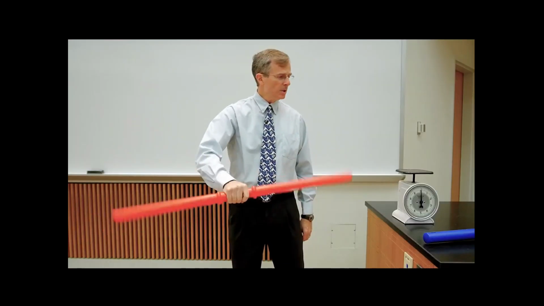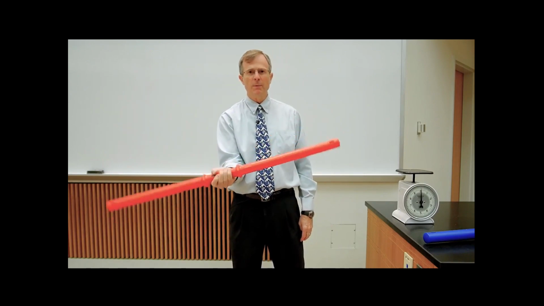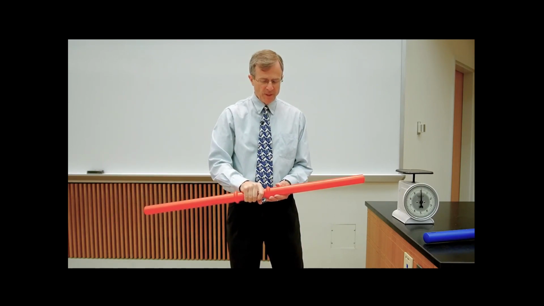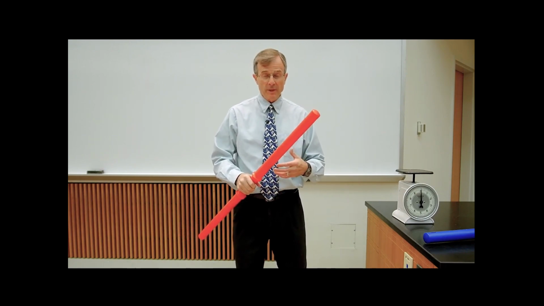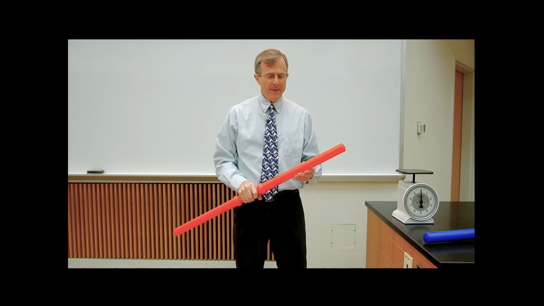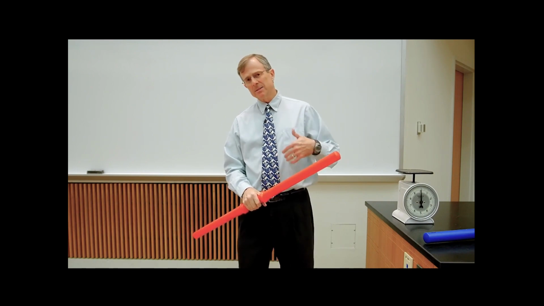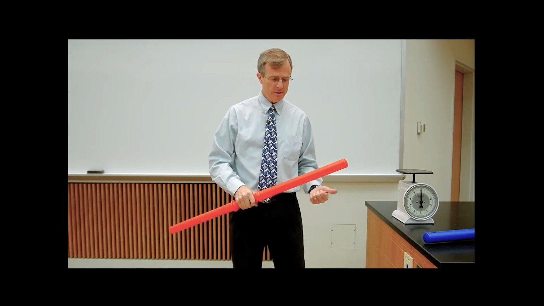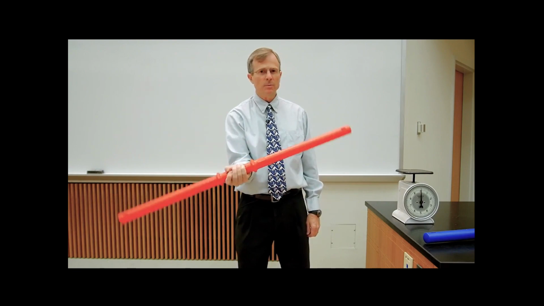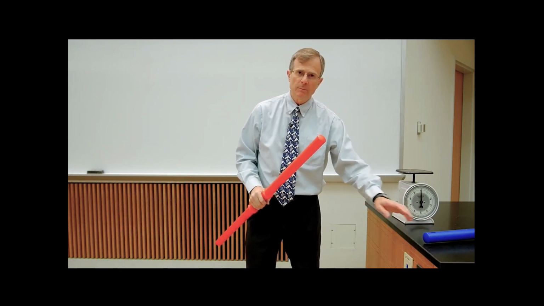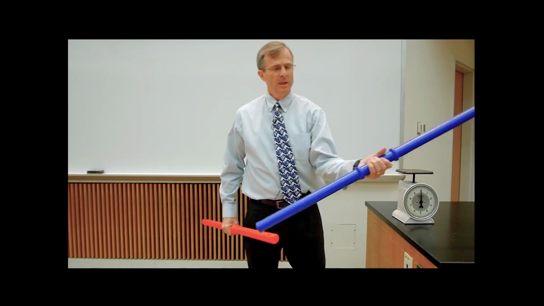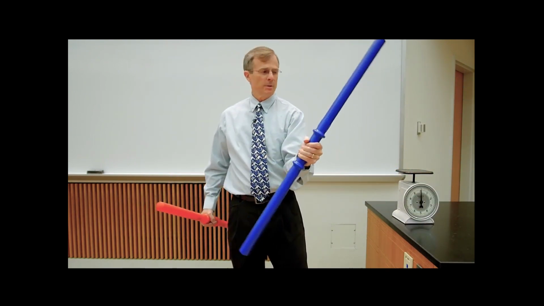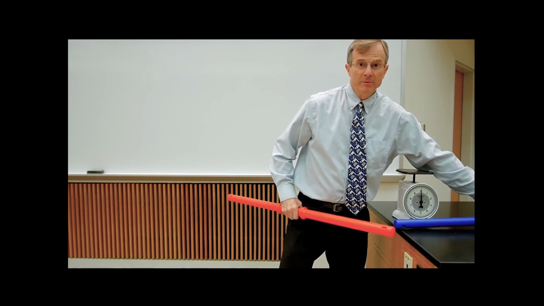Very easy to turn this, very easy to start the motion, and so this hopefully helps you understand that moment of inertia acts like mass but for rotations. It's harder to get the blue one moving than the red one because the blue one has a much larger moment of inertia.